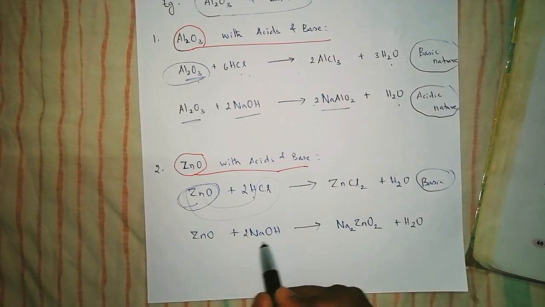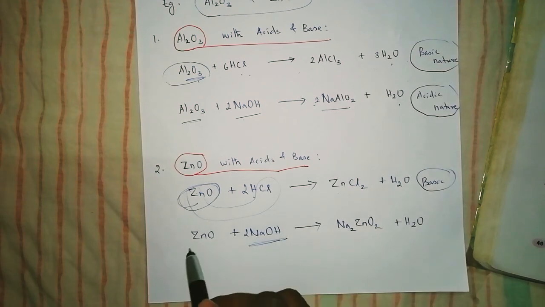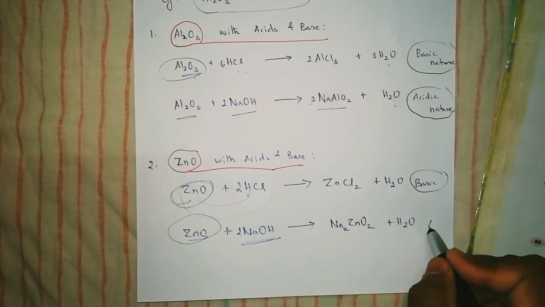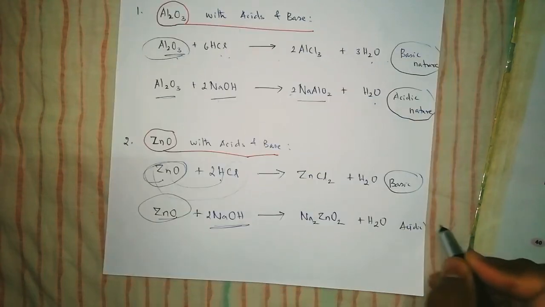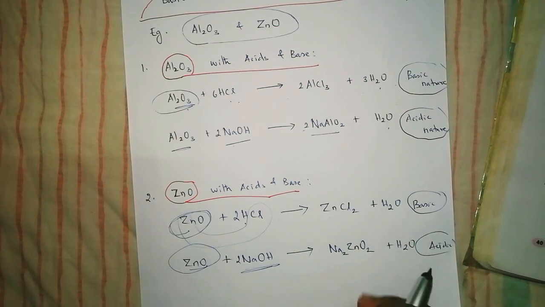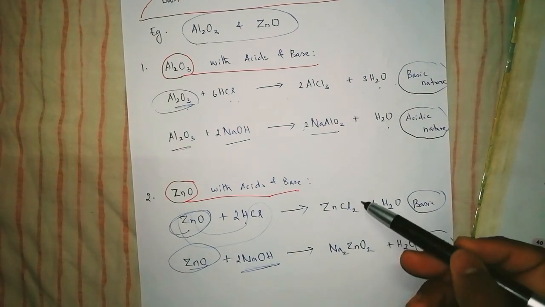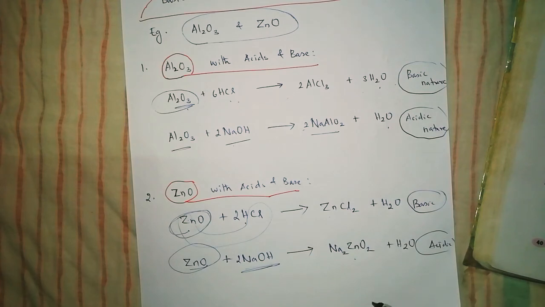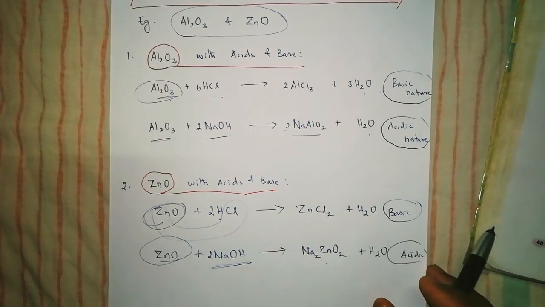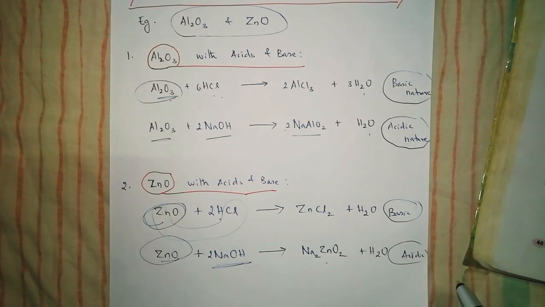Now tell me, here this is a base, and what is the nature of zinc oxide here? Yes, here it acts as acidic in nature. Understood, all of you? Yes, this is what an amphoteric oxide is, but these two equations are not in your book. I want you to copy them from here and use them for your further use.